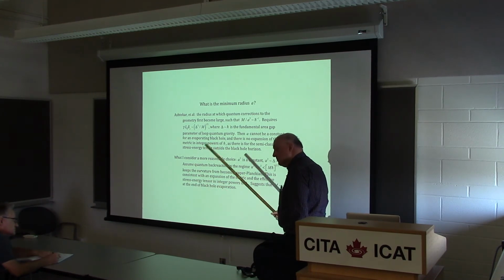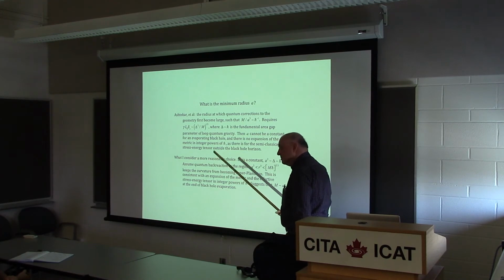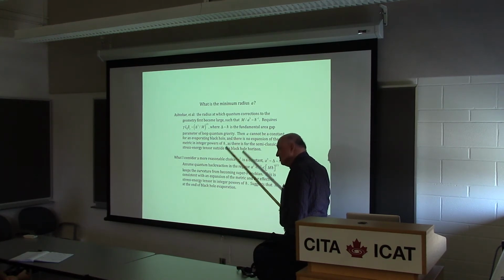So that's the really fundamental parameter of loop quantum gravity. These other things have no preferred values in terms of the basic loop quantum gravity. So what they assume then is you choose gamma L naught delta C so that this condition is satisfied.